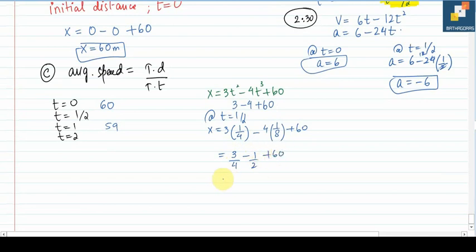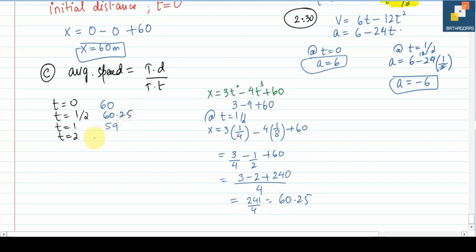So take LCM here, it's 4. So it will be 3 minus 2 plus 60 into 4, it's 240. Right, so the distance we have is 241 divided by 4. In decimal, it's 60.25. Alright, so the distance is 60.25.